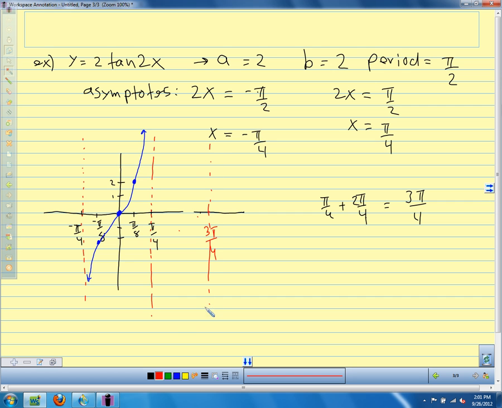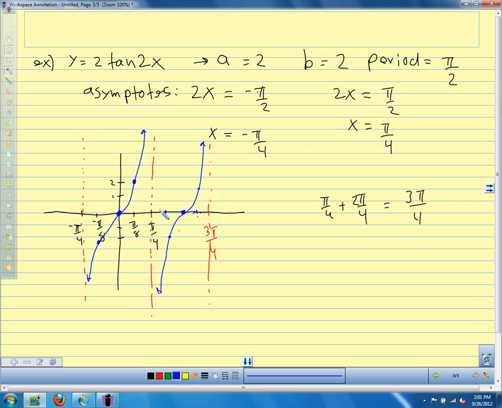So I'd have another asymptote here, and I could go through the same process of sketching my function between those two asymptotes. And if I were being precise, I would find this point that was halfway between, find the point here, and find the point here. If the problem asks you to sketch two periods, in order to do everything accurately, you would find this x value that's halfway between here, the x value here, and the x value here.